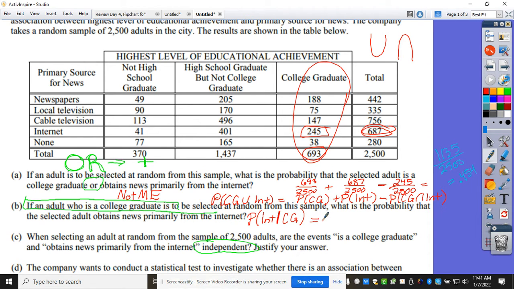This gets super easy in a two-way table because where do I put the given part? In the bottom. So what is my total number of college graduates? And how many of those have what I'm looking for? 245. And then again, you can reduce and write as a decimal, 0.354, if you'd rather do it that way.